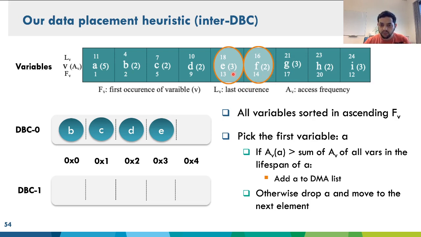So now we have a straight comparison. The access frequency of E is greater than the access frequency of F, so we pick E and drop F, and then we continue doing the same.